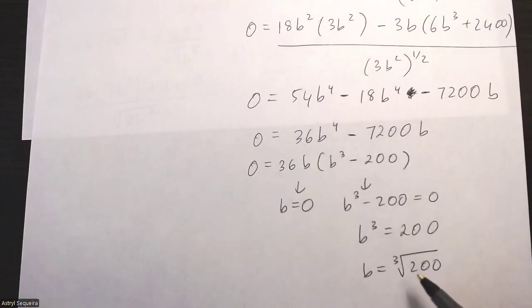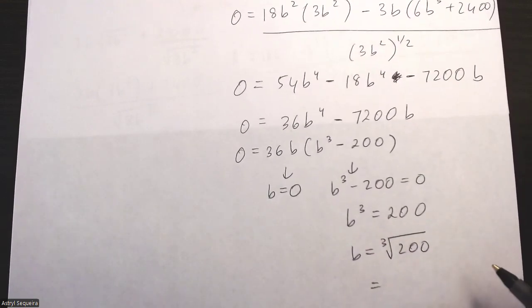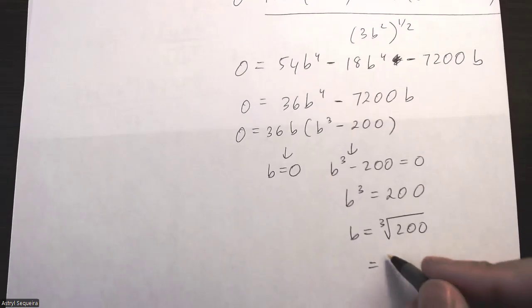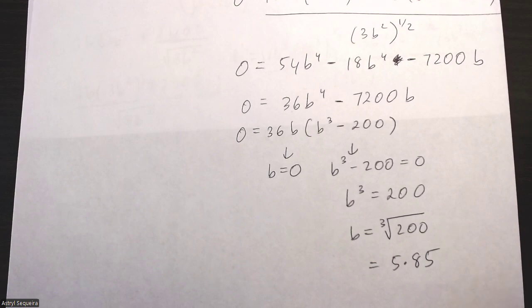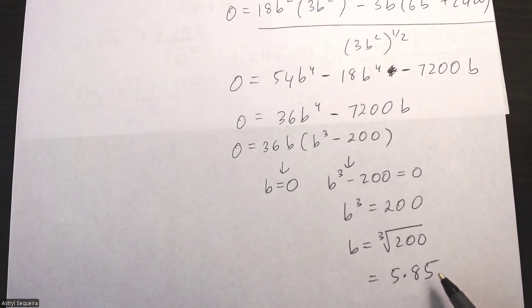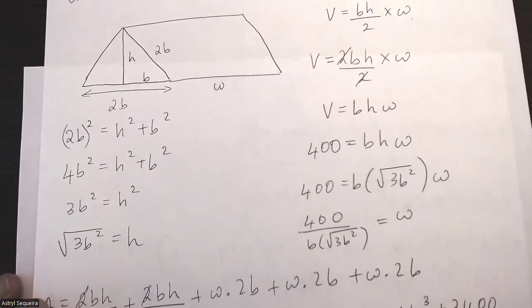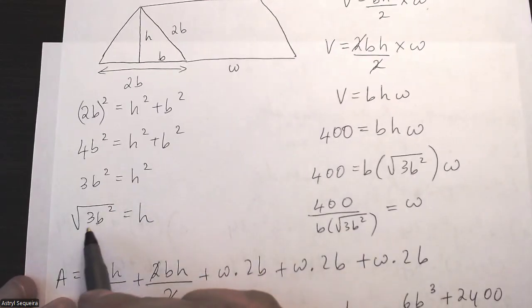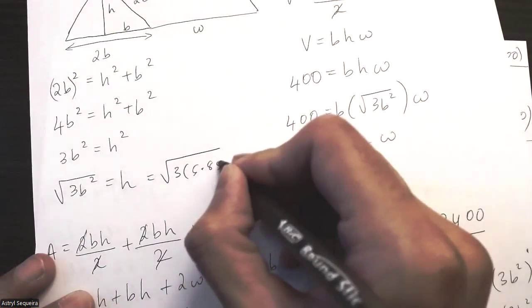So if your solution had to be an exact value, you'd leave b as that. But in this question, we're allowed to convert it into a decimal. So it's going to be 5.85. Using this value of b, we can find the other dimensions as well. We can find the actual base of this, which is 2b. I'll do that a bit later, but we can find the height by just subbing in the b over here. So square root of 3 times 5.85 squared.